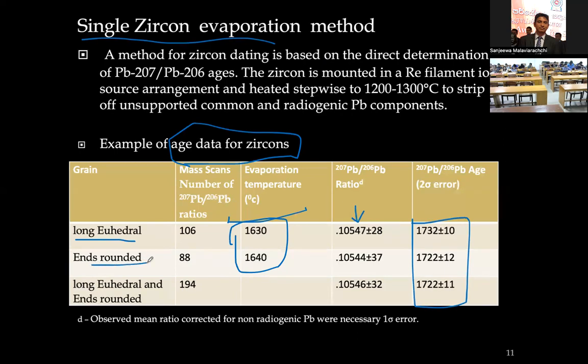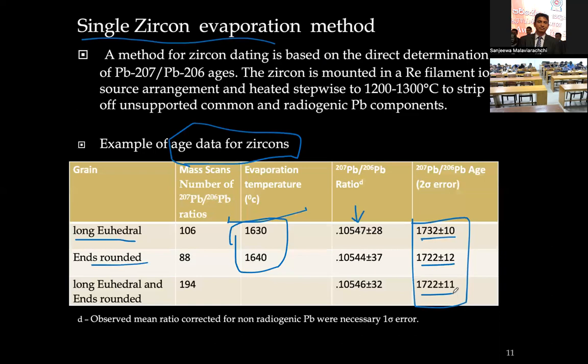So irrespective of the morphology of the grain, very closely related ages have been obtained from Sri Lankan zircon. So that indicates these old detrital grains originated from this type of old age. So that is the implication.